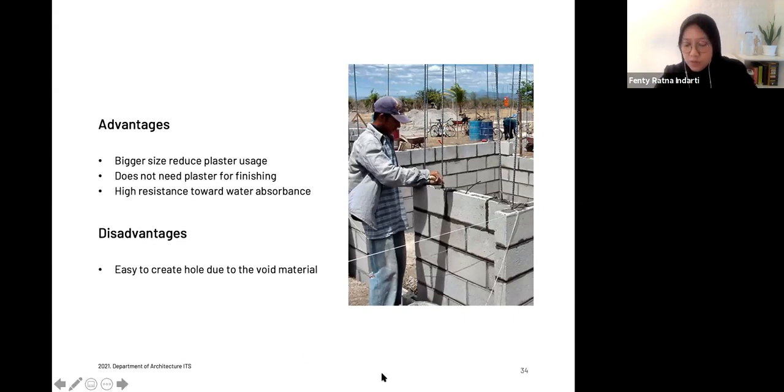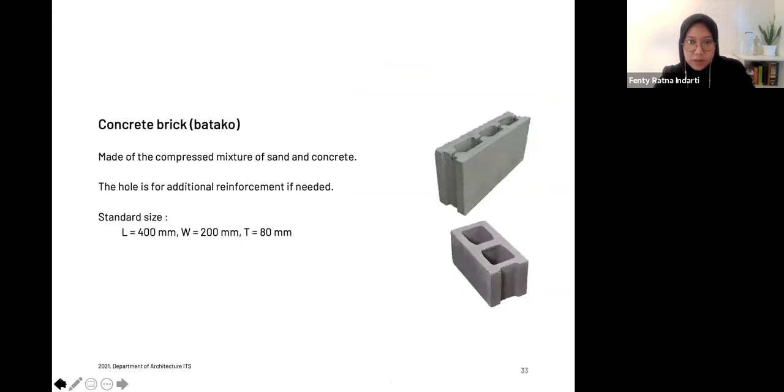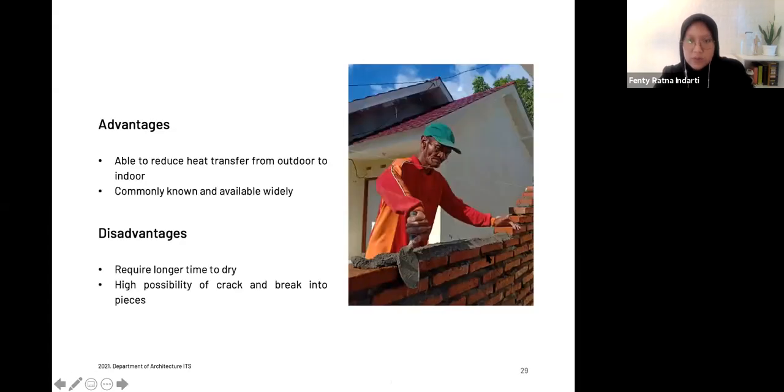I mean, if you take a look at this image, the clay brick sometimes doesn't have a very uniform shape. Sometimes some surfaces protrude more than other parts. So if you want to create a very smooth surface, you have to put a lot of plaster on it to create this flat surface.